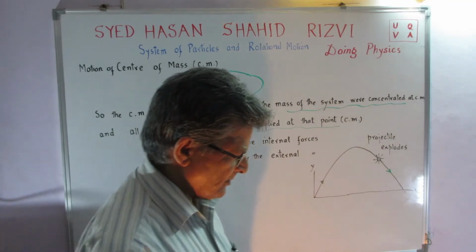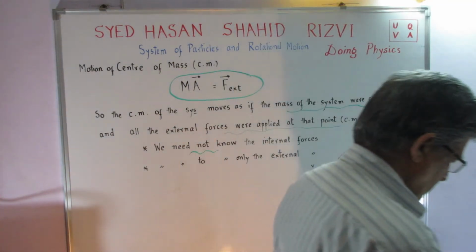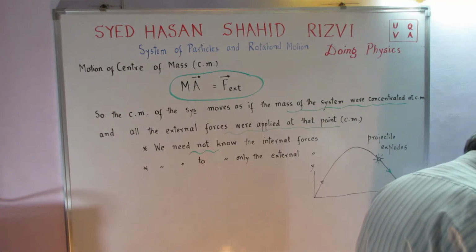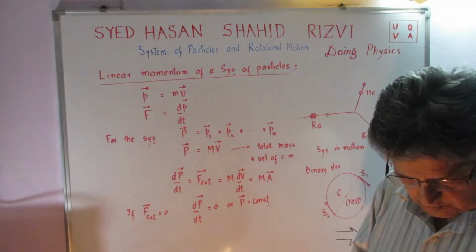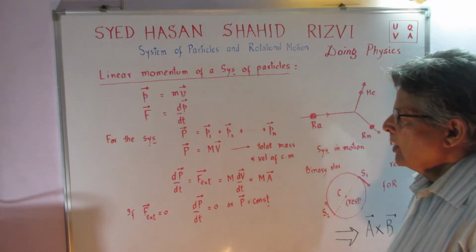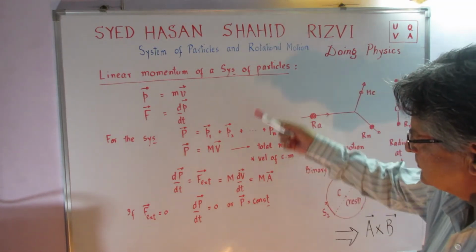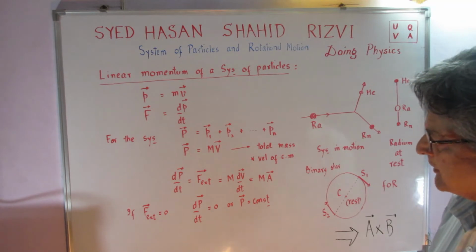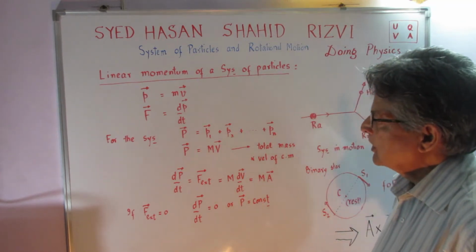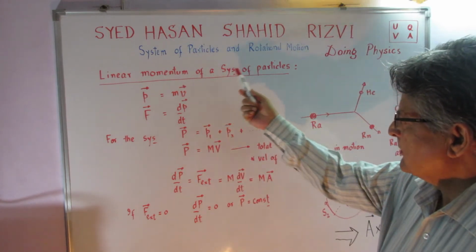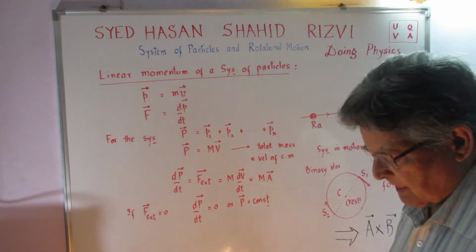So the next item, I come to the next item where I discuss the linear momentum of the system. Easy. So we extend what we have done just now to the case of linear momentum of the system of particles.